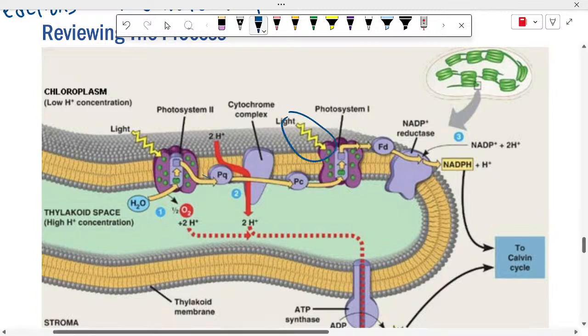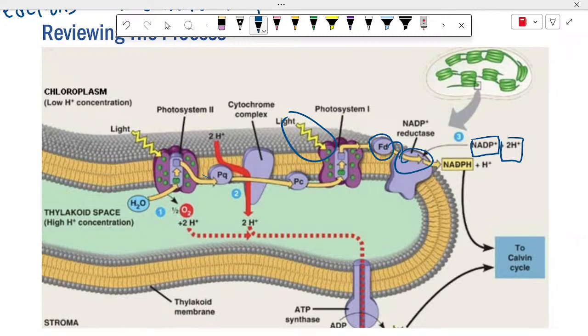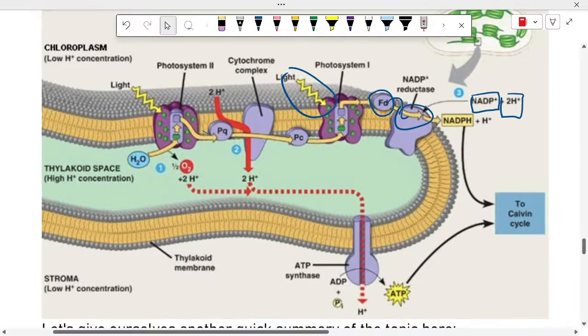At which point they will pass the now even higher energy electrons on to ferredoxin, which will pass them on to the NADP+ reductase complex, which will use those electrons to combine an NADP+ with 2 H+, forming NADPH and leaving one of the H+ behind.